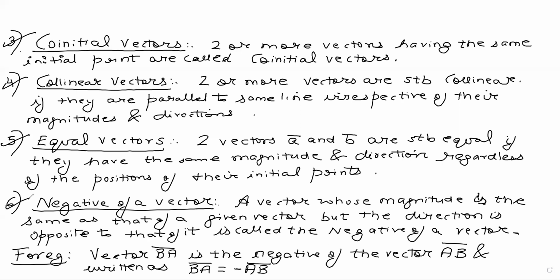A vector with the same magnitude as the initial vector but opposite direction is called the negative of a vector. For example, BA is the negative of the vector AB. Both these vectors have the same magnitude but opposite direction. Okay, so I hope all students have understood this.